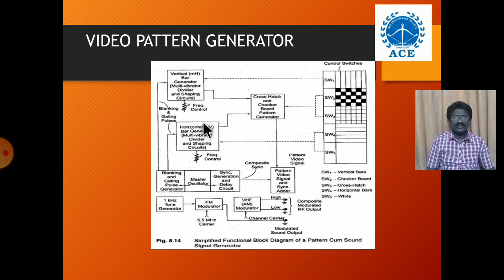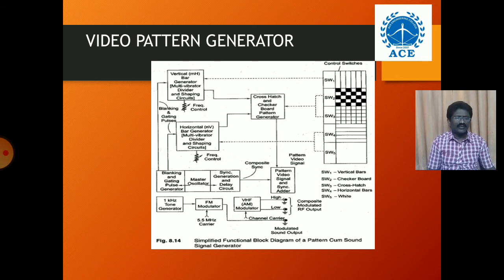Next, you can observe one more: the horizontal bar generator, multivibrator, divider and shaping circuits. Multivibrator dividers and pulse shaping circuits, one below the line frequency to produce a series of horizontal bars, and another above 15625 Hz to produce vertical bars.